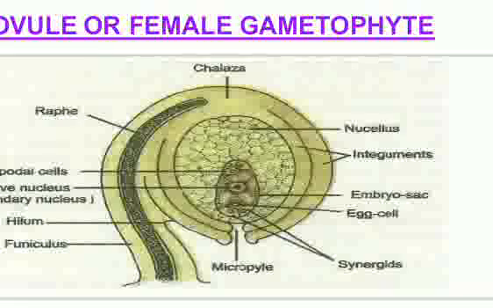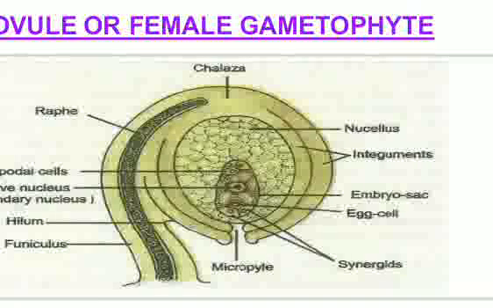Now the ovule contains a mass of thin-walled parenchymatous cells which is called the nucellus. The nucellus is protected by one or two multicellular coats, and these are called the integuments of the ovule. The basal portion of the nucellus from where the integuments appear is called the chalaza.